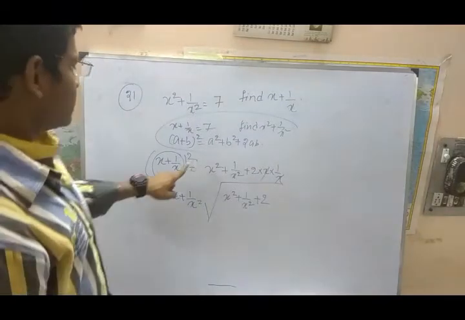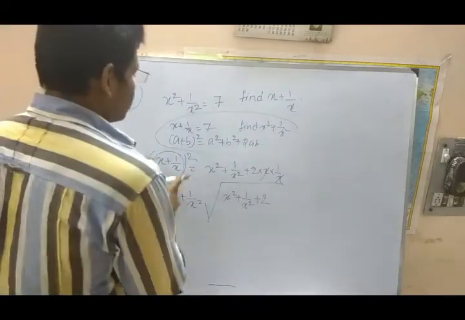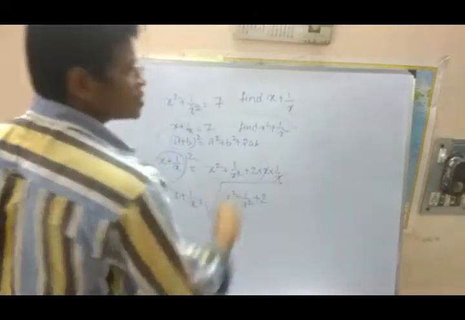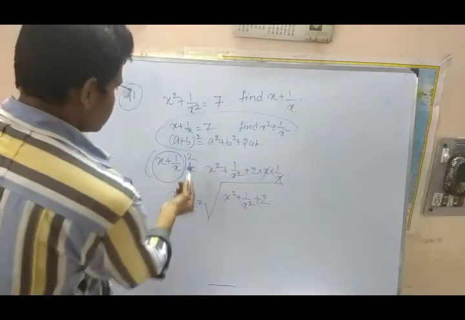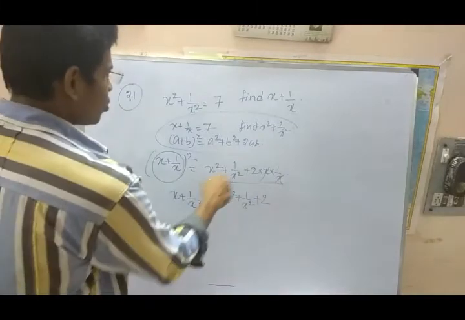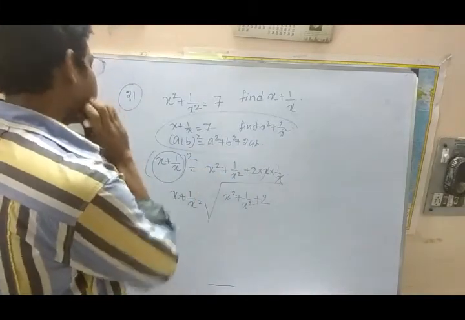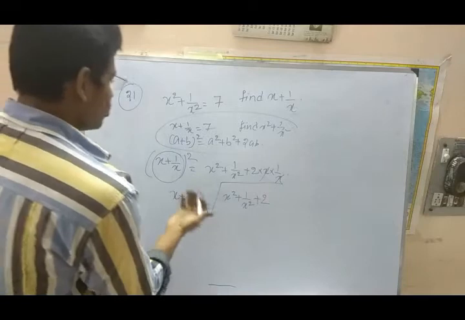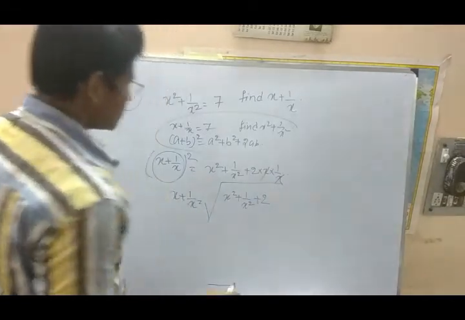See student, this is square here. If it goes to right side, it becomes root. Okay, this is 2 here. The same thing, root and square get cancelled here.